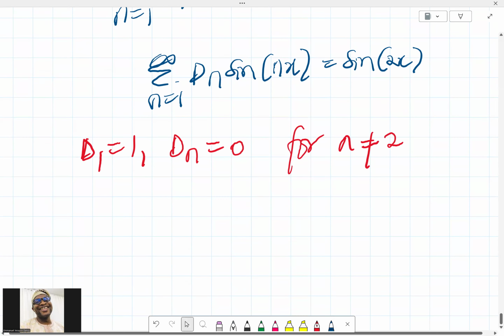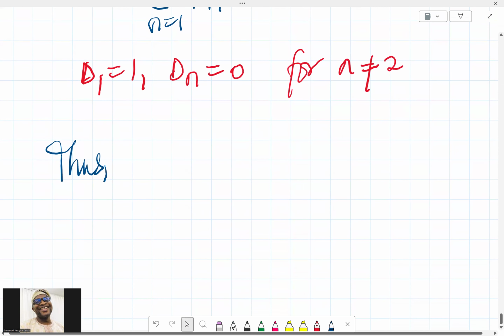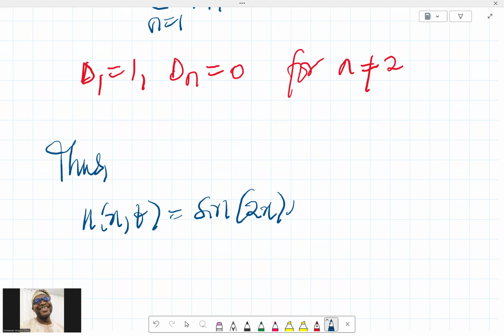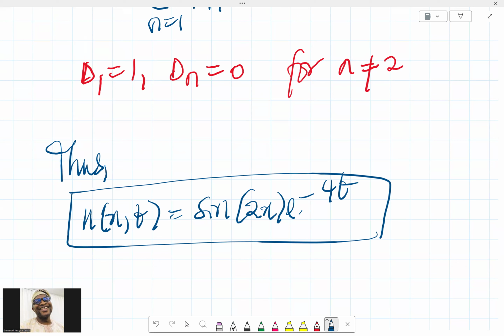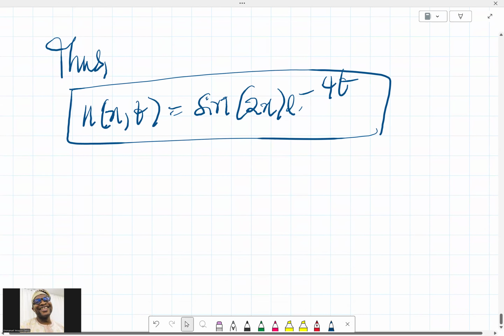In that case, we can say thus u of x comma t is simply sine 2x e raised to the power minus 4t. So this is a specific result for the one we have, because it is no longer the generalized form: we now have alpha squared given and the length of the rod given as pi.